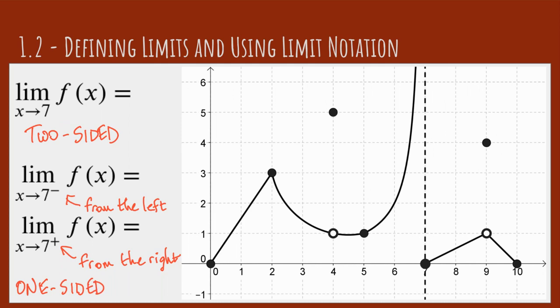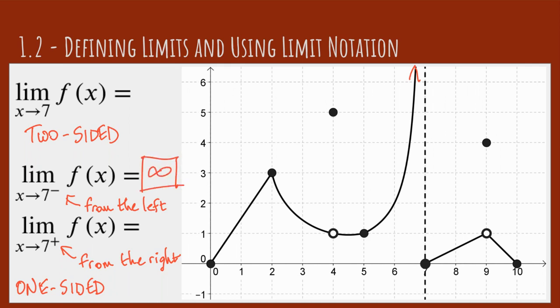So if we just want to know what's happening to f of x as we approach 7 from the left, that value is getting bigger and bigger and bigger, and it's unbounded. So as we get closer to that asymptote, the value is getting bigger and bigger and bigger. So we can say that limit does not exist, but it's a little bit more accurate to say that that limit is infinite.